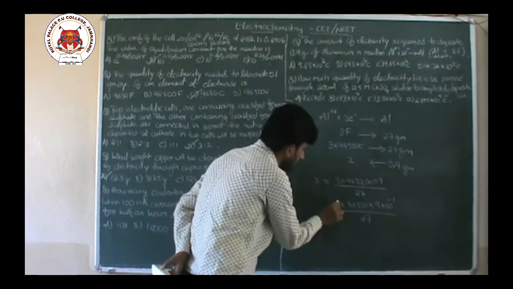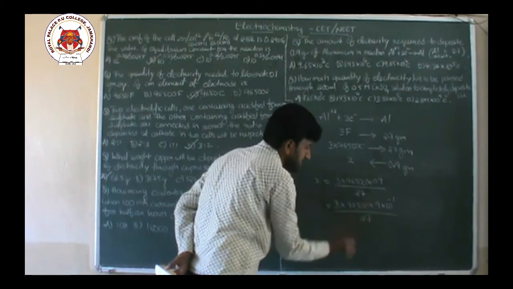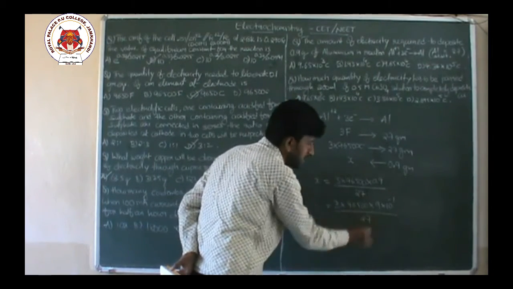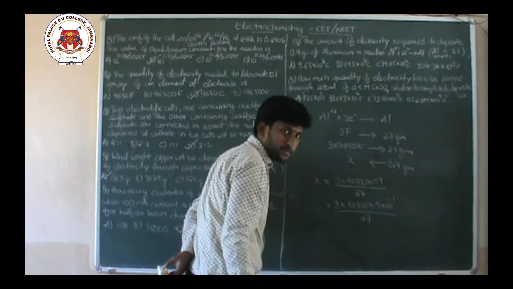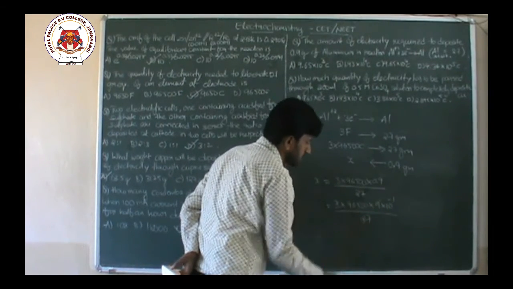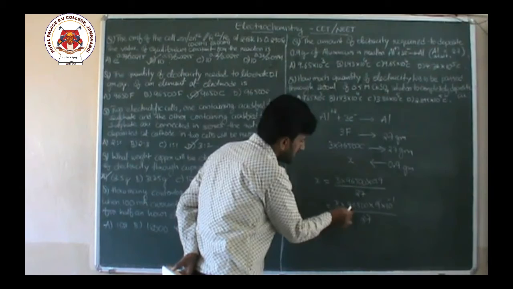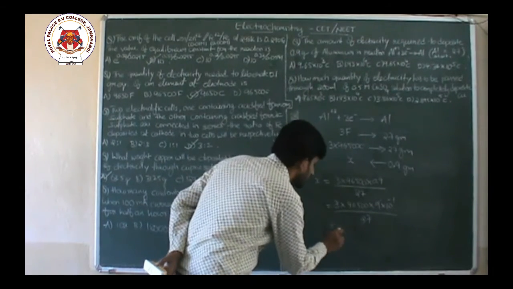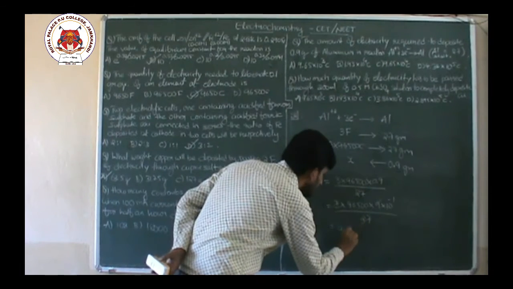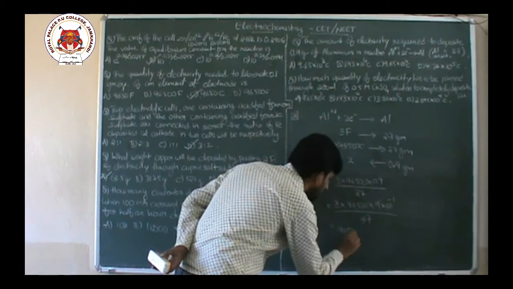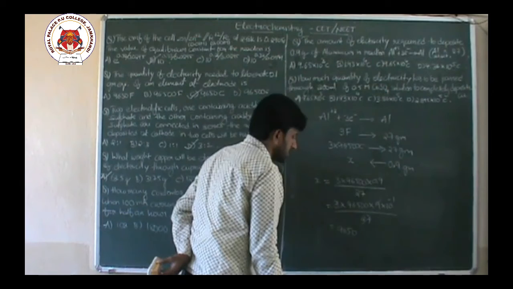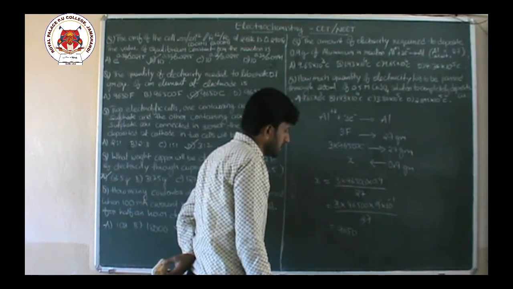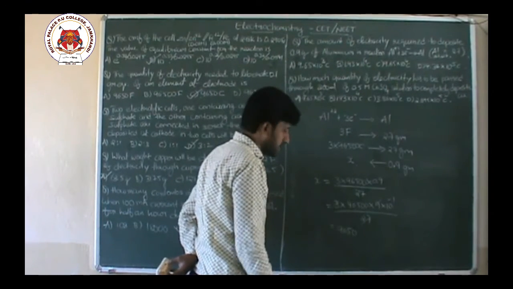Okay. So 3 nines is 27 now. So 27 is in the numerator, 27 is also denominator. That means I can cancel this total term. So what is remaining? 96,500 into 10 raised to minus 1. Means how much? 9,650 coulombs will be there.